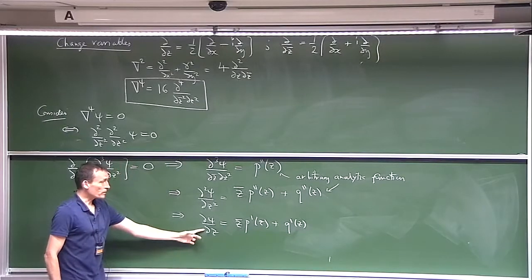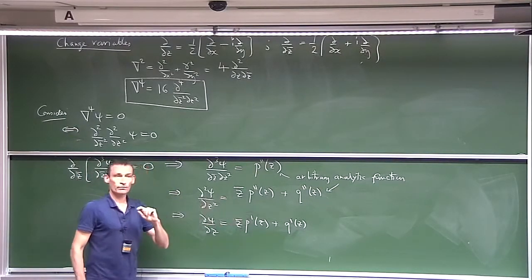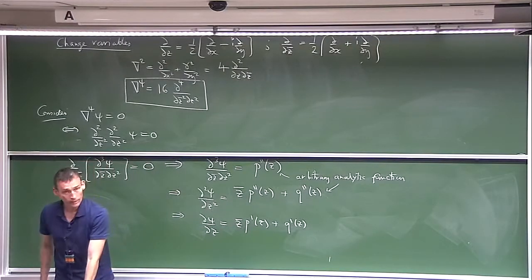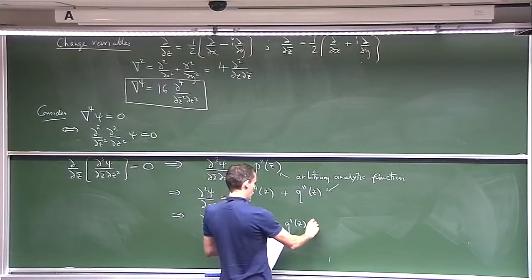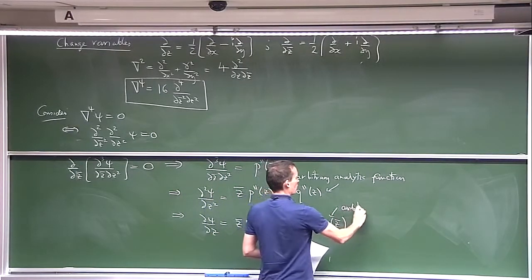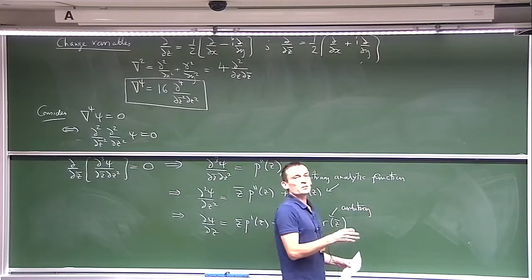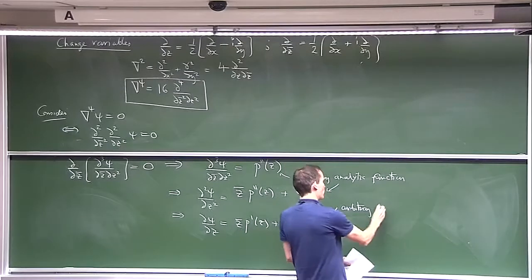I'm integrating with respect to z, keeping z bar fixed. Of course, at this stage, I could in fact have an arbitrary function of z bar coming in. I think I'm calling that r of z bar. This is an arbitrary function. Remember, I called this an anti-analytic function. But whatever.